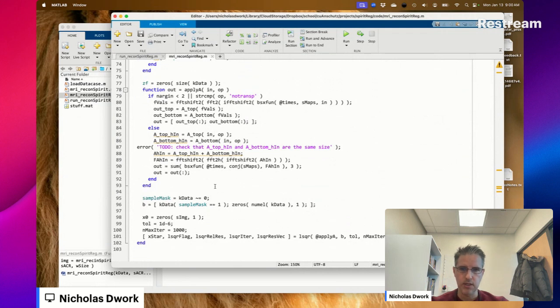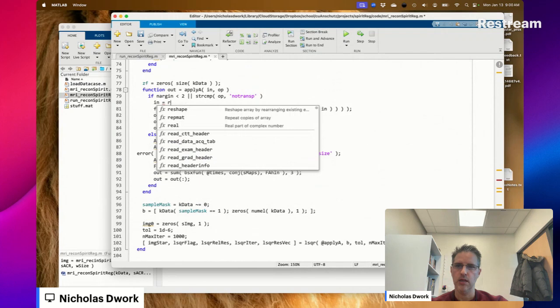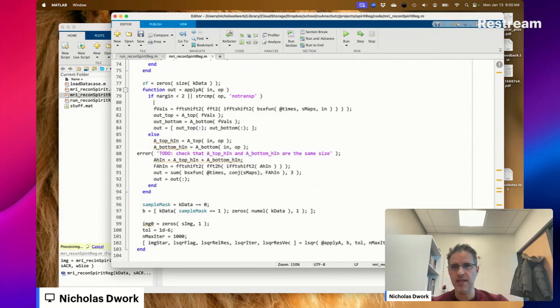Did we do it? No, we didn't. Why not? Because we haven't yet done this vectorization and devectorization thing.